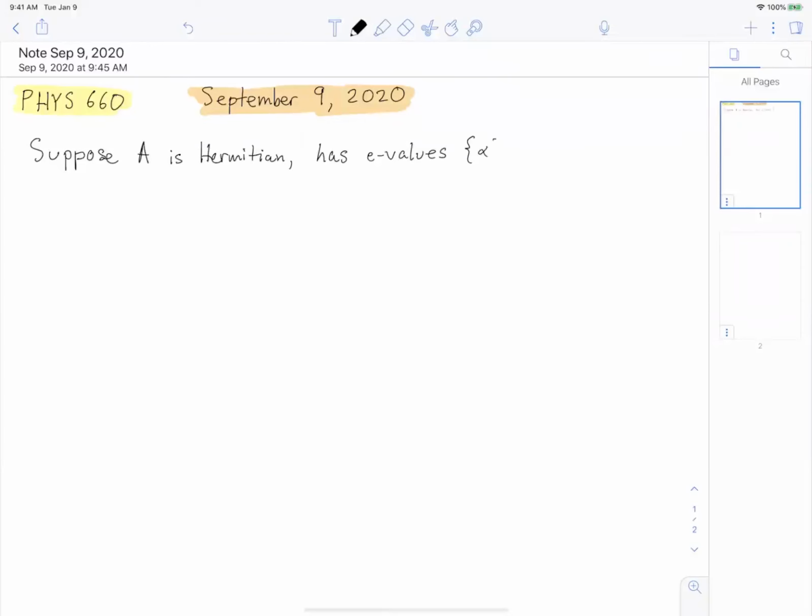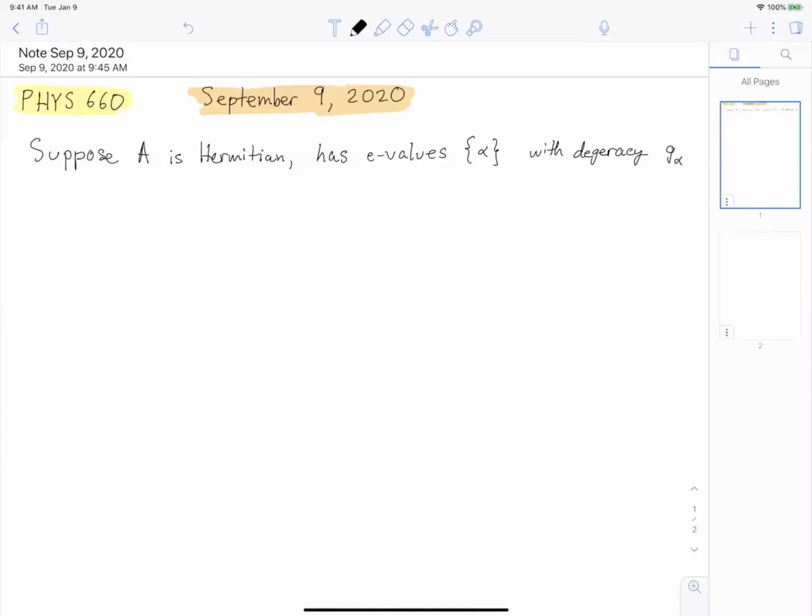So it's some set of numbers alpha, which are real, with degeneracy that I'm going to call G sub alpha. That means for each number alpha, the number of times it appears in the list is G sub alpha.